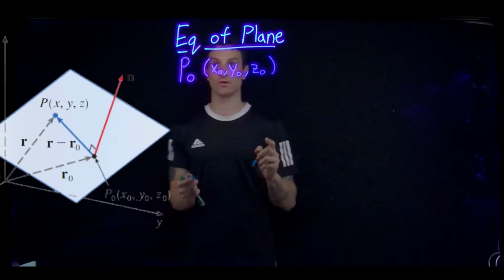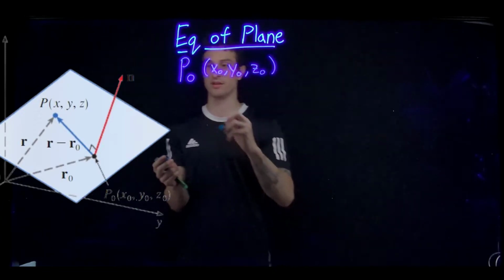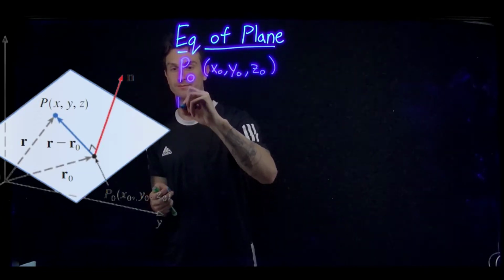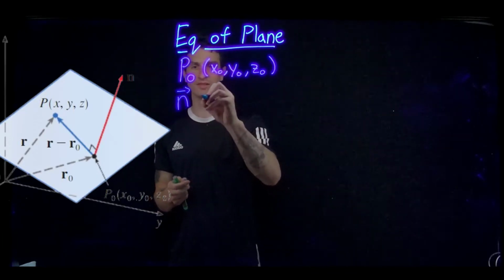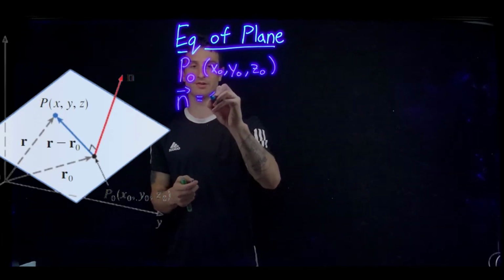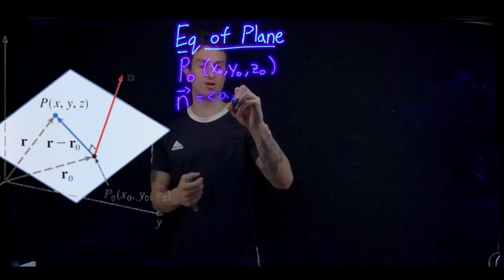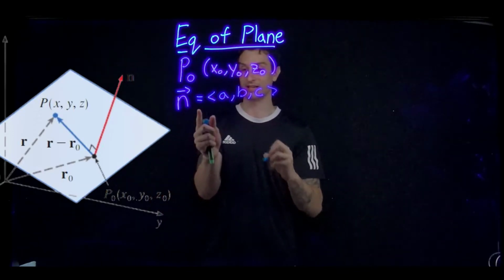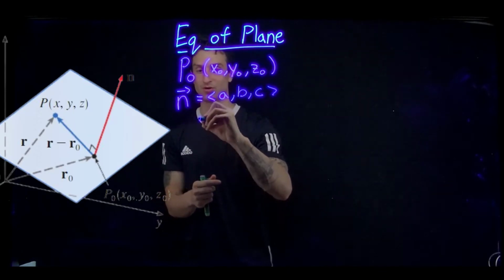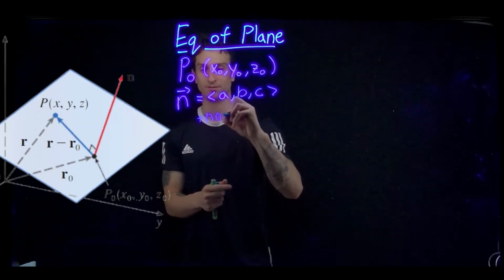Now the next thing we're going to need is what's called the normal vector, denoted with an n. And we'll say this has three components, right? It's a vector, so we'll leave it arbitrary: a, b, and c. And again, just so we have a description, this is what's known as the normal vector.